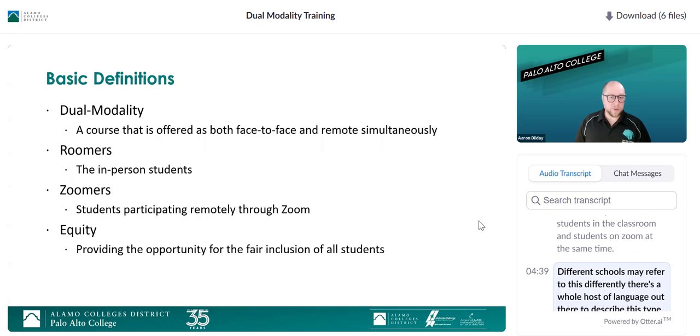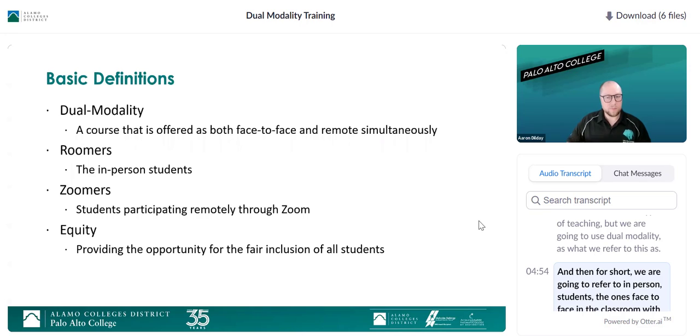Different schools may refer to this differently. There's a whole host of language out there to describe this type of teaching, but we are going to use dual modality as what we refer to this as. And then for short, we are going to refer to in-person students, the ones face-to-face in the classroom with you, as roomers.